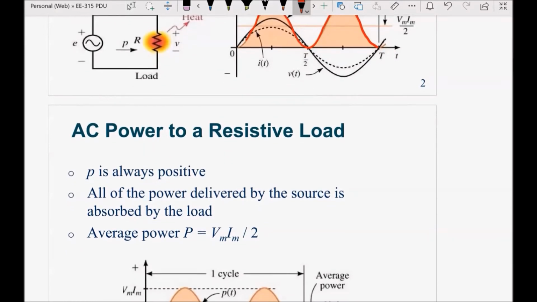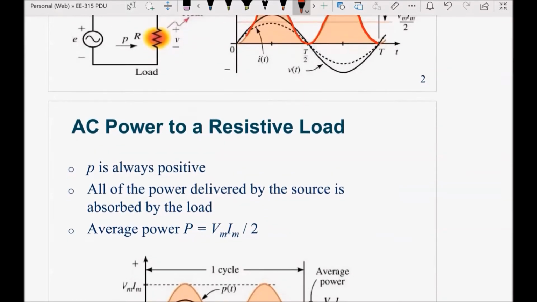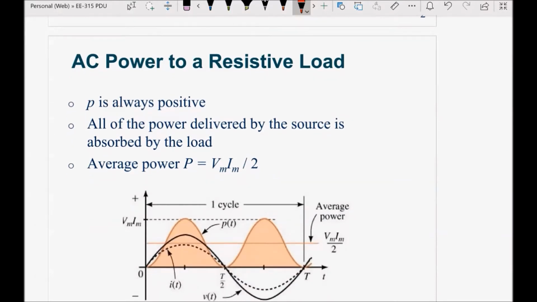If we expand the instantaneous power, which was P equals Vm Im by 2 times (1 minus cos 2 omega t).